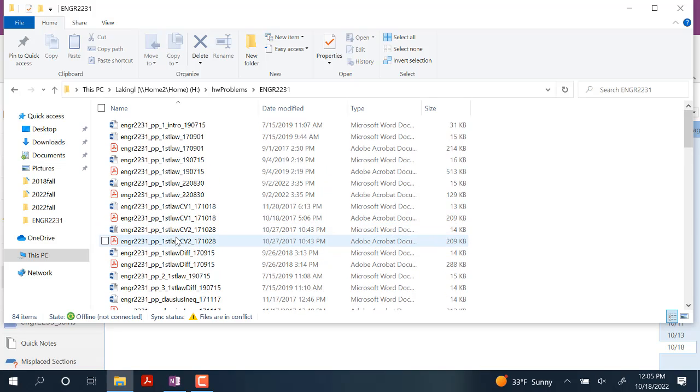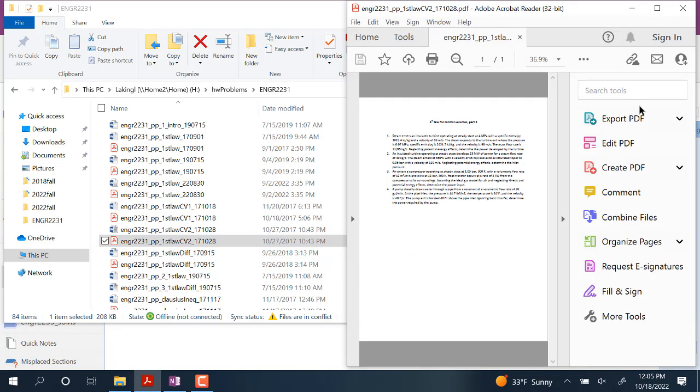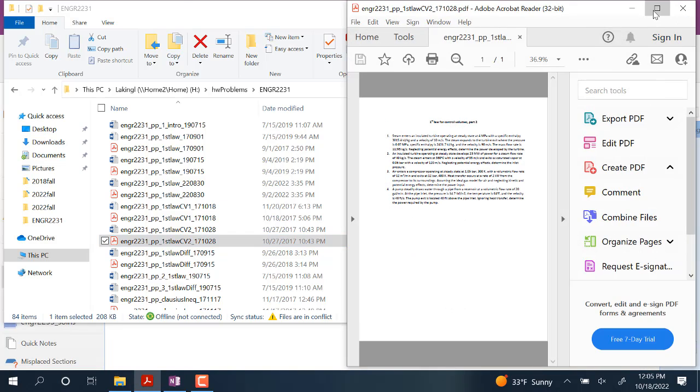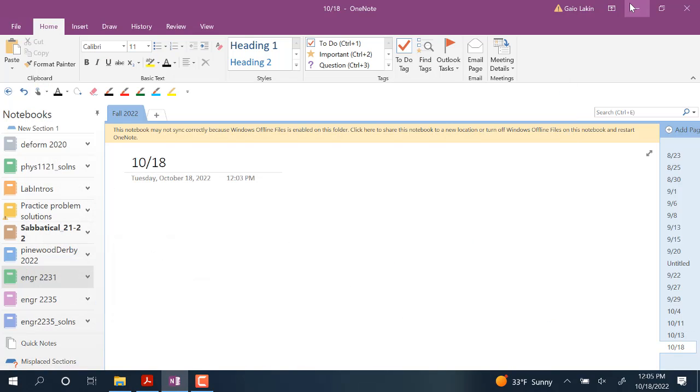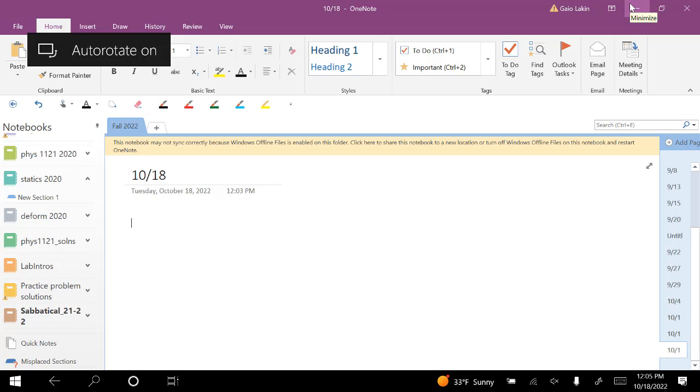CV2. Okay, it's first law for control volumes.